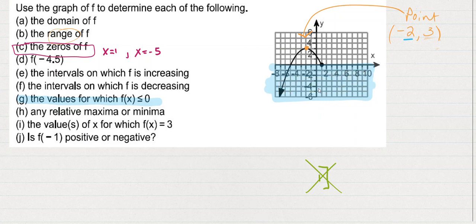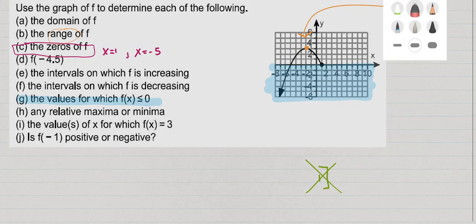And so the values for which f of x is below or equal to 0 would be from negative infinity up to, looks like this point is negative 5. So from negative infinity up to negative 5. And then again at the single point 1. Let me write that one out because that could be a little bit confusing as you look at it.